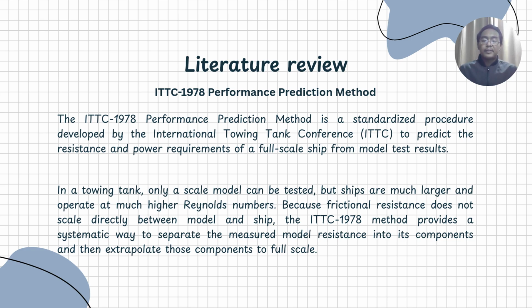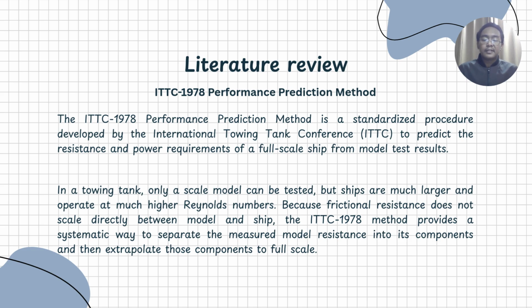Next up, what is the ITTC 1978 performance prediction method? It is a standardized procedure developed by the International Towing Tank Conference (ITTC) to predict the resistance and power requirements of a full-scale ship from model test results. The process is simple.